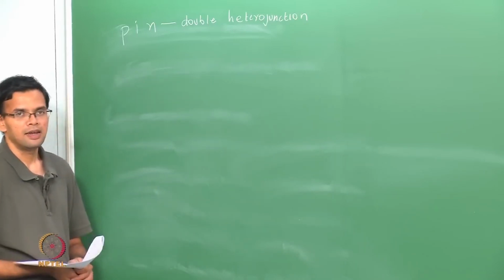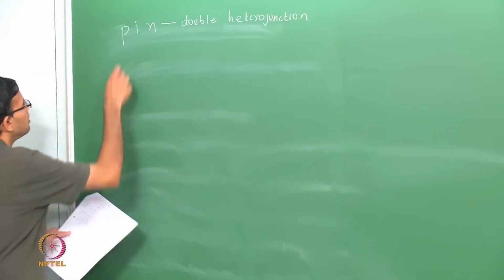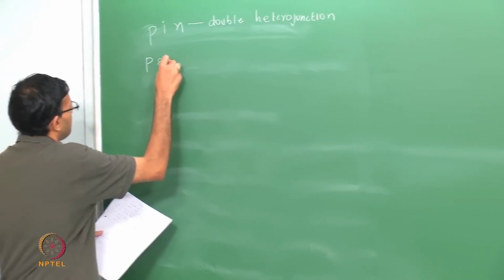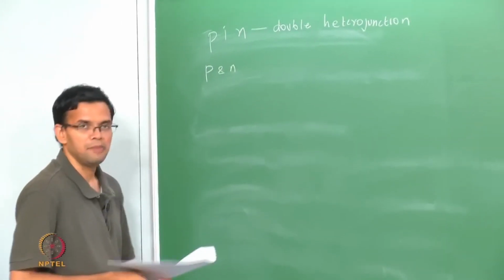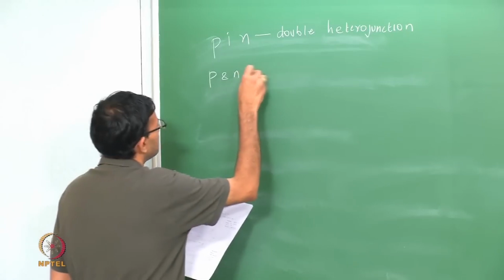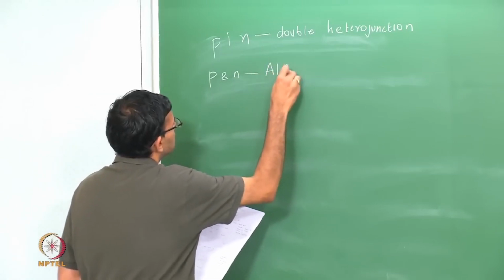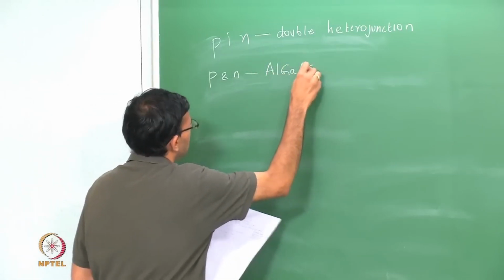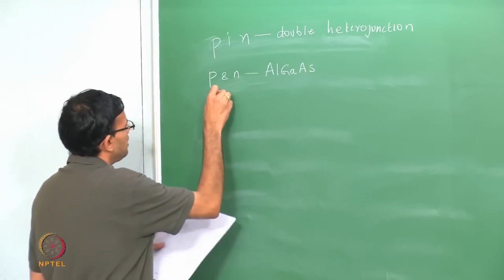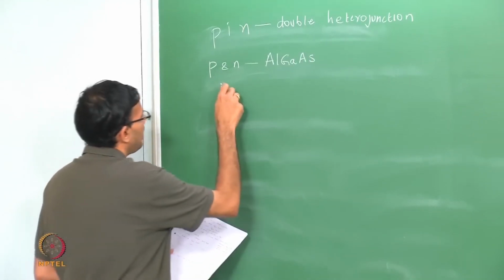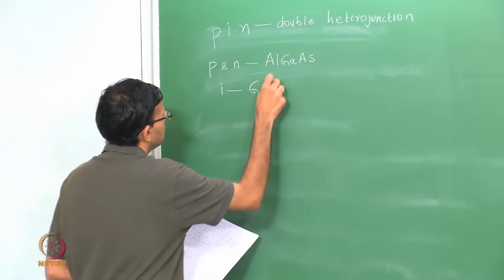So, let us consider an example for this. Consider a p and n type material that is made of aluminum gallium arsenide, and you have an intrinsic material that is made up of gallium arsenide.